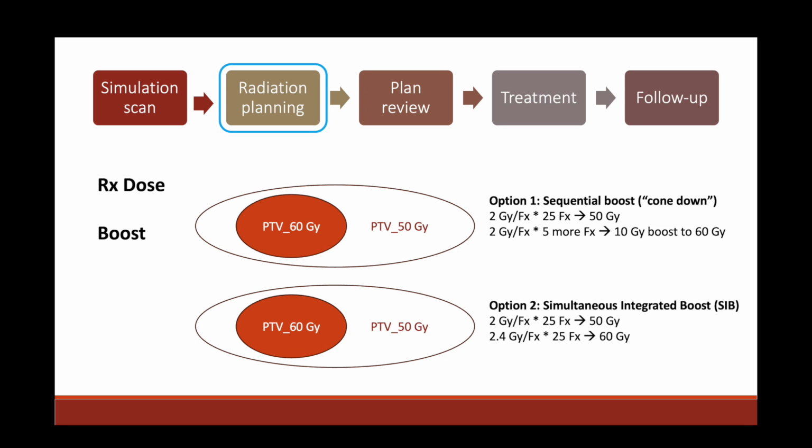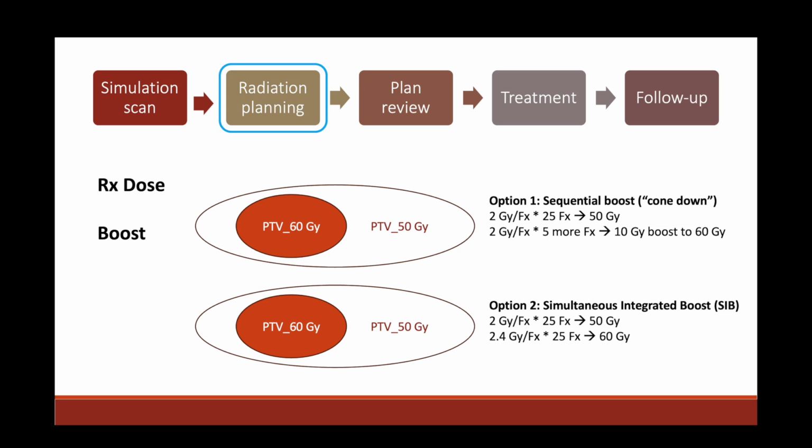There's two different ways that boost can be delivered. The first option is what we call a sequential boost, where we give the same dose per fraction for a certain number of fractions, and then after that number of fractions is reached, we narrow down our fields and continue to give the same dose per fraction for additional fractions, but now we're just treating a narrower field, which is our boost volume.